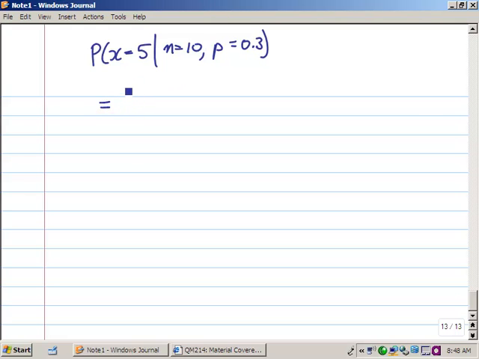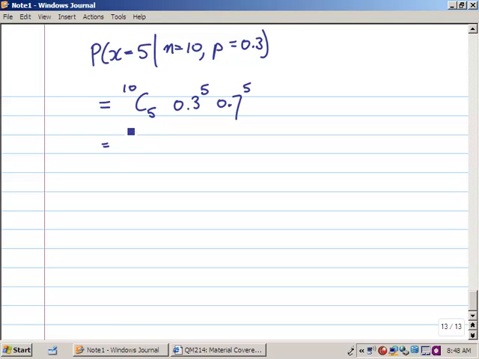Okay, so this boils down to nCx, 10C5, times p, 0.3 to the x power, the 5th power, times 1 minus p, 0.7, to the n minus x, 10 minus 5 is also 5.